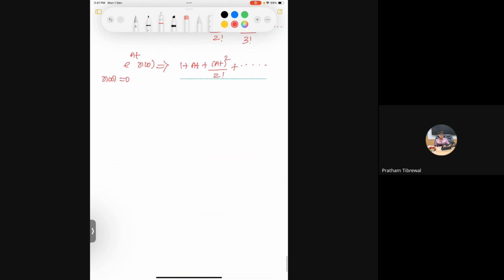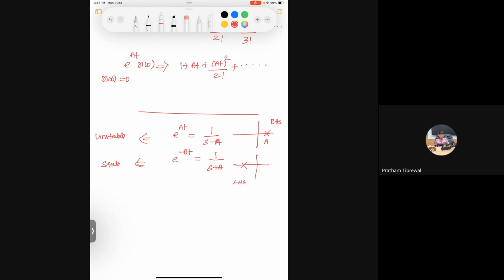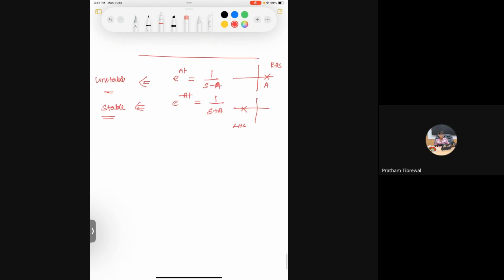Then how do we find it in state space? e power at is equivalent to 1 by s minus a. e power minus at will be equivalent to 1 by s plus a. So this is LHS, this is RHS. So this system would be unstable in general. This system would be stable in general. This is from the time domain representation.